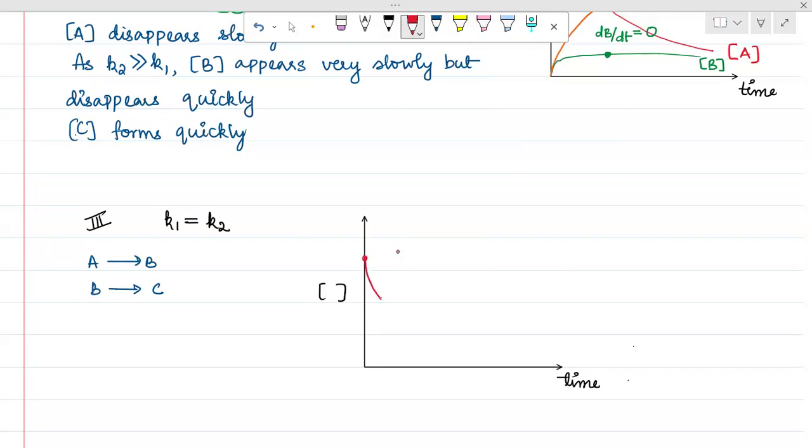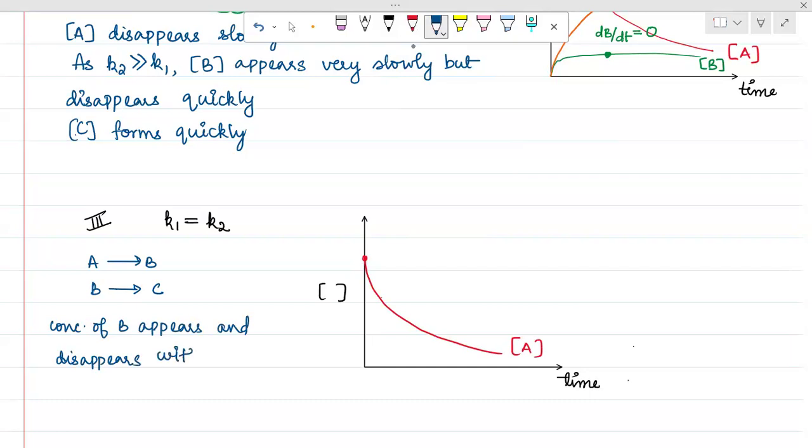Concentration of A degrades with time. Concentration of B appears with a speed and disappears with the same speed.